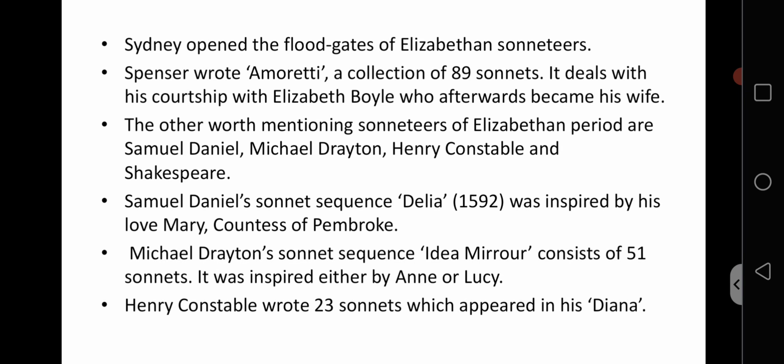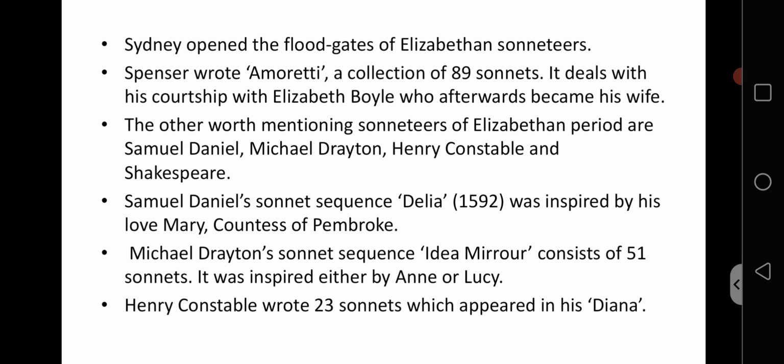The next important writer who wrote sonnets during this period is Michael Drayton. He published his sonnets in his book Idea Mirror. There were 51 sonnets.